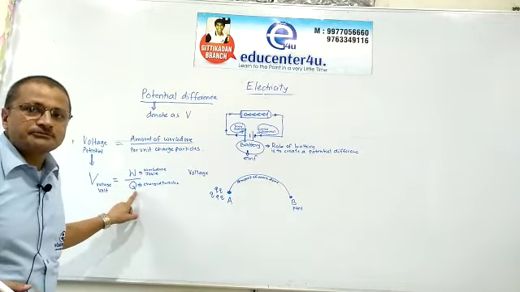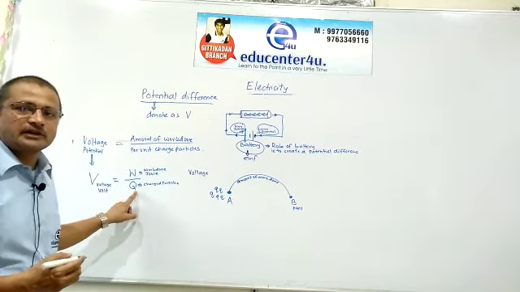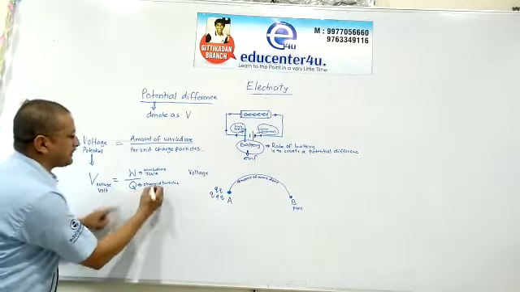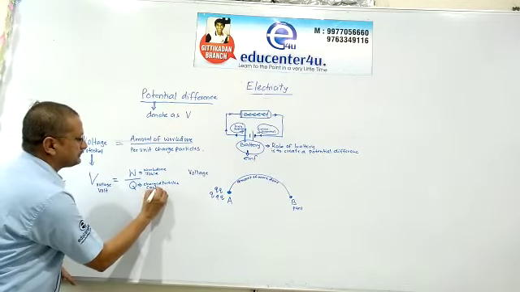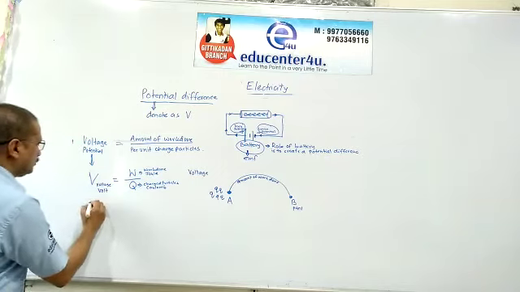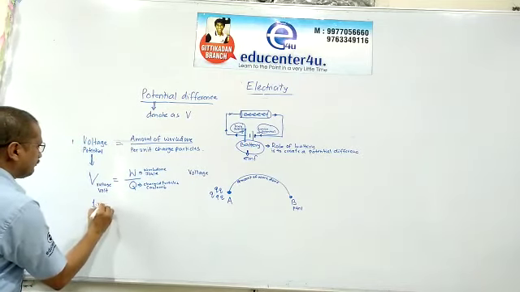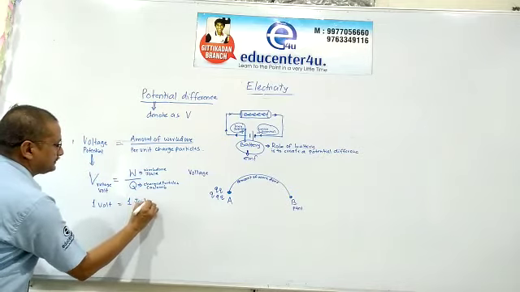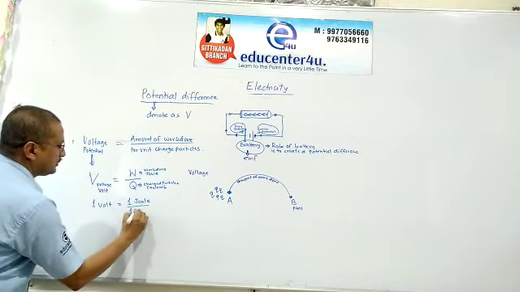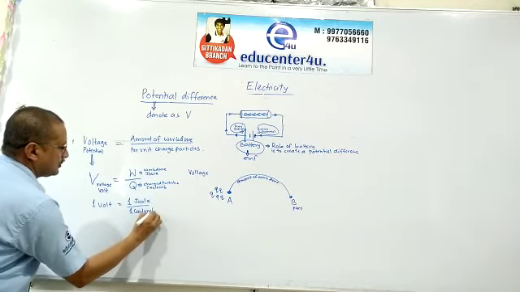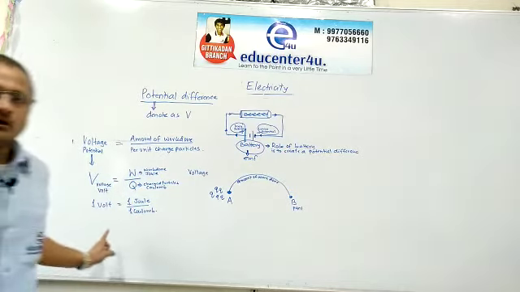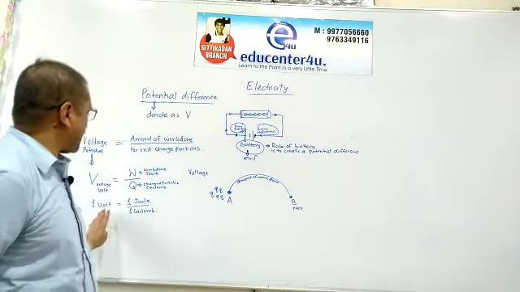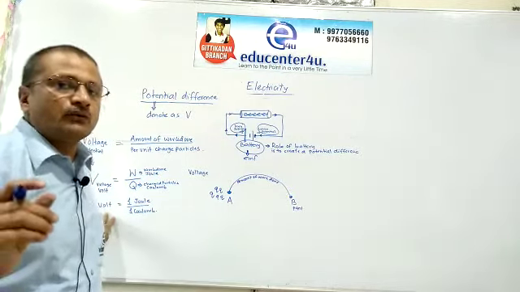Whereas this is the charge particle, and just now we have learned that the SI unit of the charge particle is coulomb. So we can write 1 volt is equal to 1 joule by 1 coulomb.